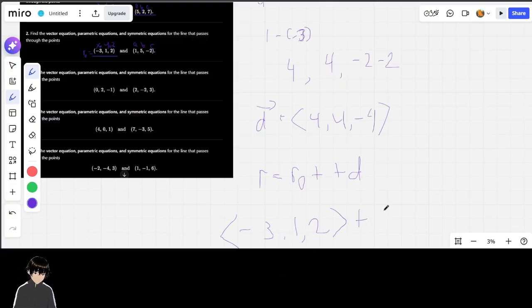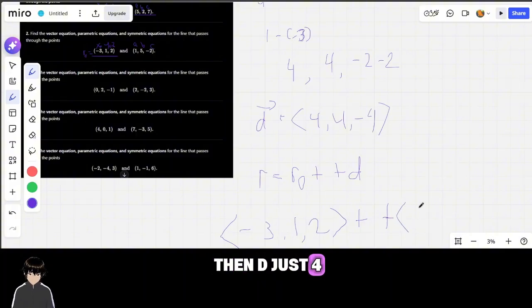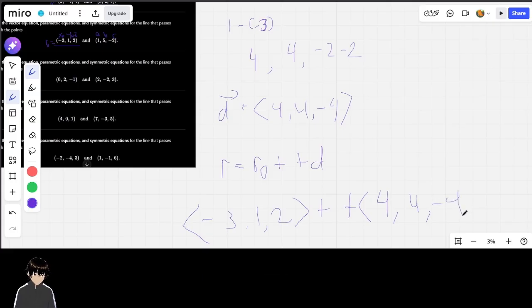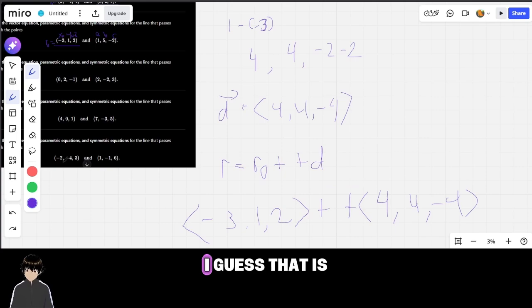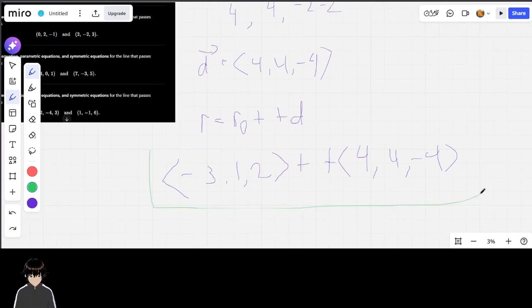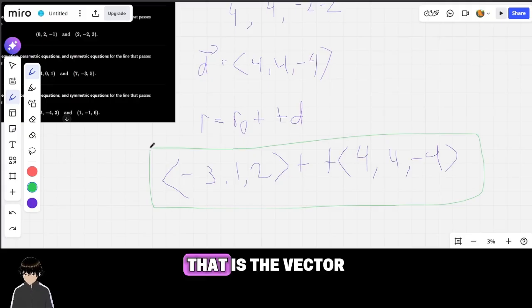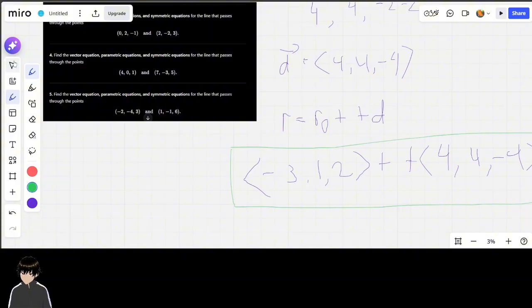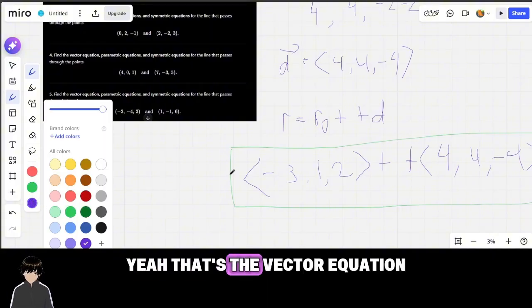So t, we have t here, then d, which is 4, 4, and negative 4. I guess that is the vector equation. So you have r equals, yeah, that's the vector equation.